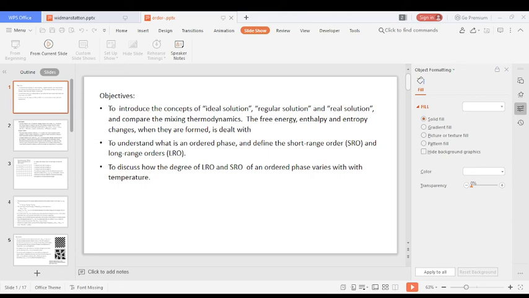The boundary between them is called an antiphase boundary. The formation of an antiphase boundary occurs when out of phase ordered domains grow together.